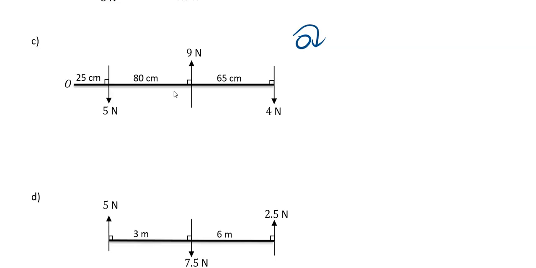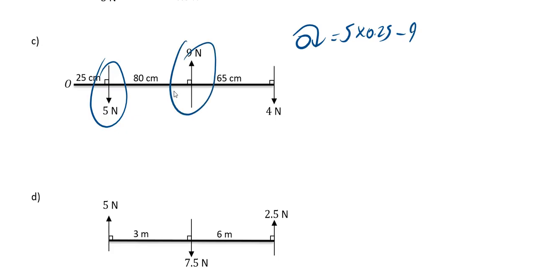Okay, if you take moments about O, first of all, you've got this 5, and its distance is 0.25. Then going against that, you've got this 9, because it would be going anti-clockwise, and its perpendicular distance would be 105 centimeters, which is 1.05.